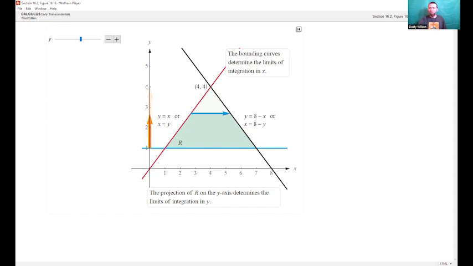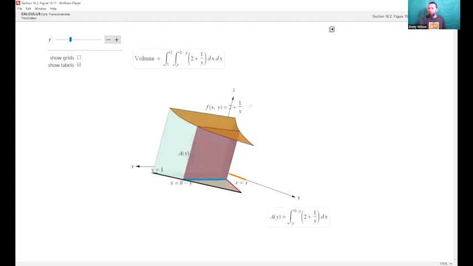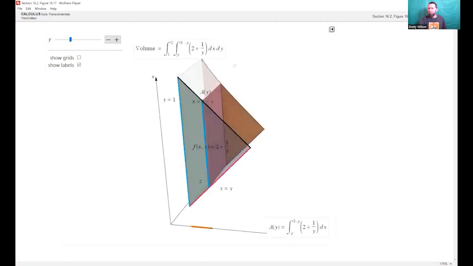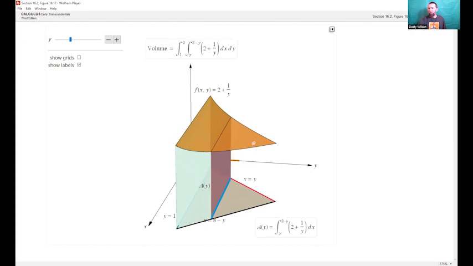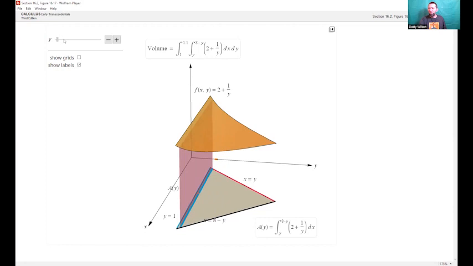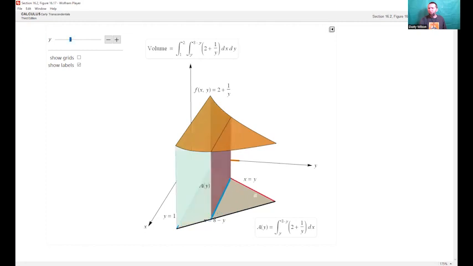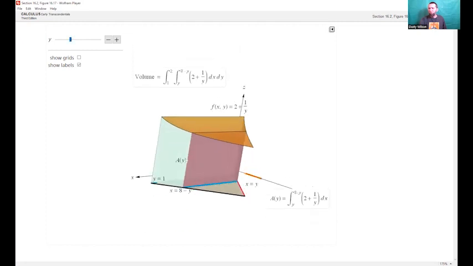So here's our region. Let's take a look at a second manipulate where we can visualize the solid. So here is the solid we're looking at. Below you can see the triangle. Above, here would be the surface, z equals 2 plus 1 over x. And you'll notice that as we cut along, we've got kind of this plane region, the square, if you will, that's sweeping through. We're saying these are our areas.